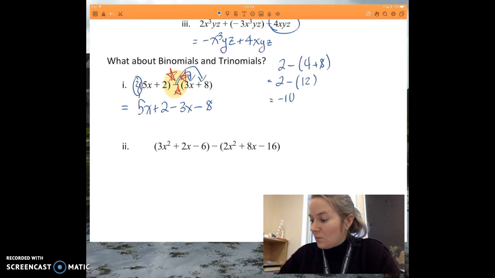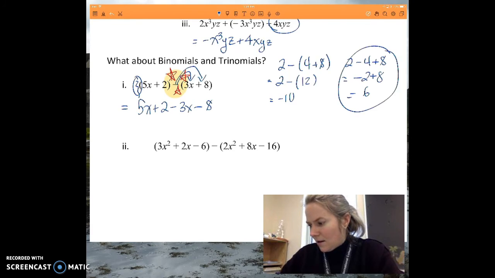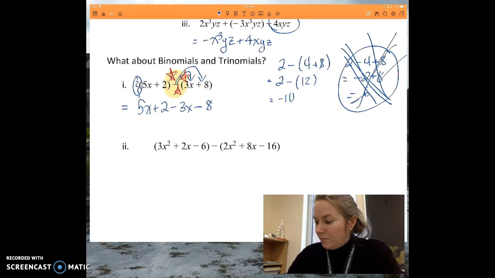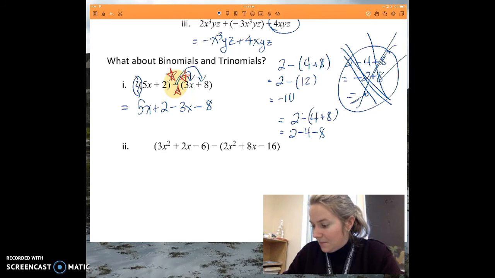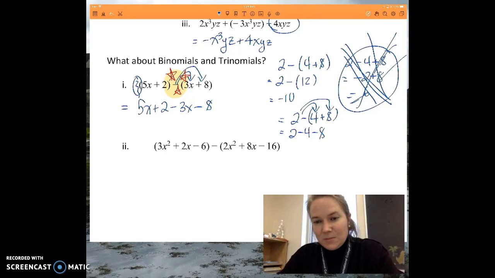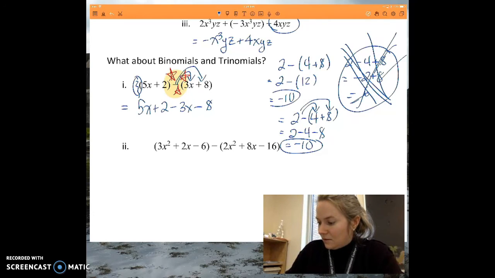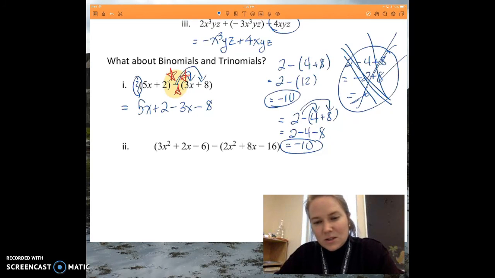If you just took those brackets away and did 2 minus 4 plus 8, you would do minus 2 plus 8. You would get 6. You can't do that. It's incorrect. But that's why 2 minus 4 plus 8 becomes 2 minus 4 minus 8, because I expand the bracket by multiplying the negative through. And that is going to give us minus 10. Okay, so that's why that works. So you can take it on faith that that's what's happening.